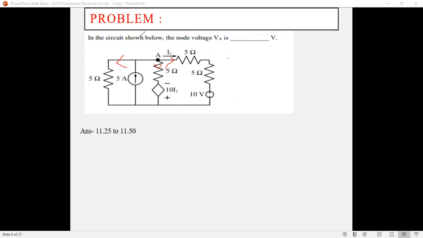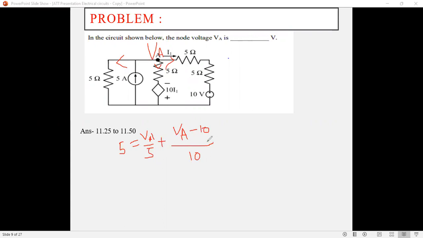See here, apply KVL, that is VA. So incoming is equal to outgoing. All others are outgoing. This one is incoming. 5 is equal to VA divided by 5, then plus VA minus 10 divided by 5 plus 5, it becomes 10.